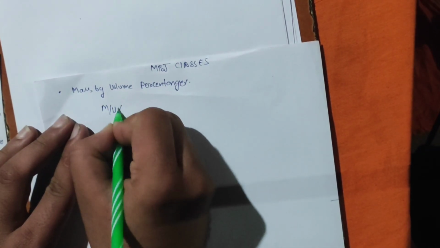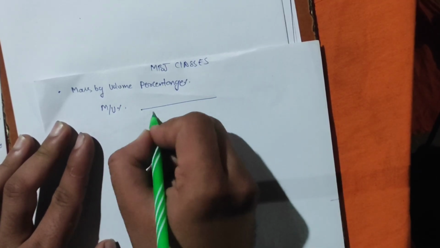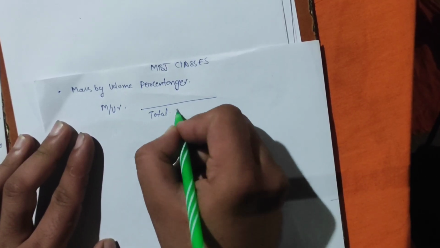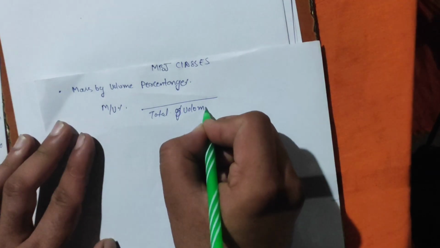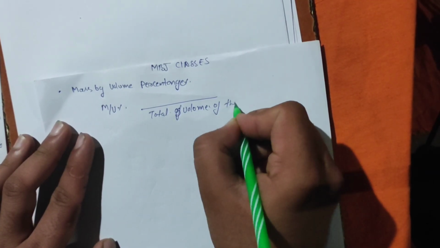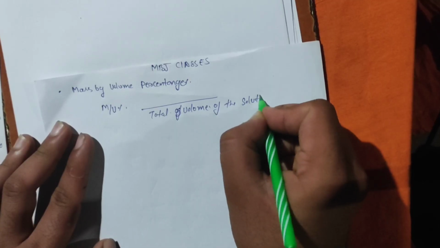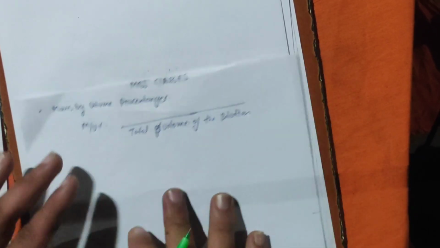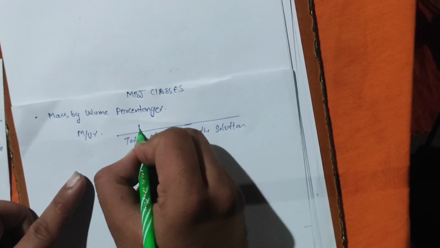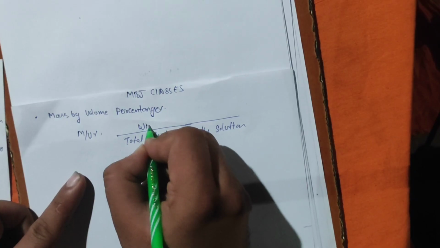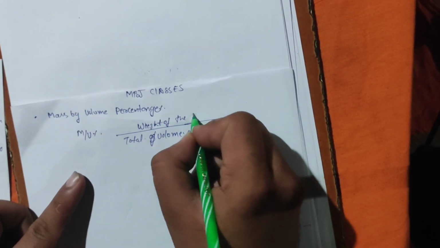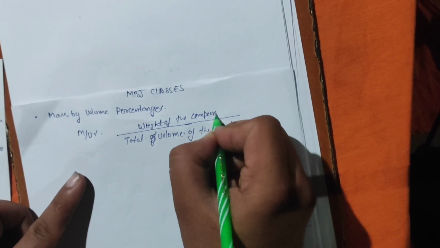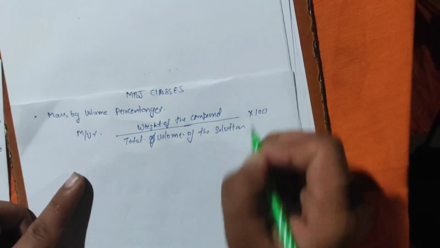So the formula of the mass by volume percentage is the weight, basically the mass, of the compound divided by the total volume of the solution, into 100.